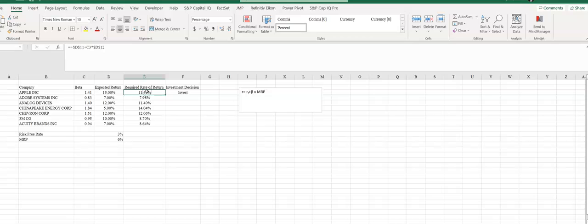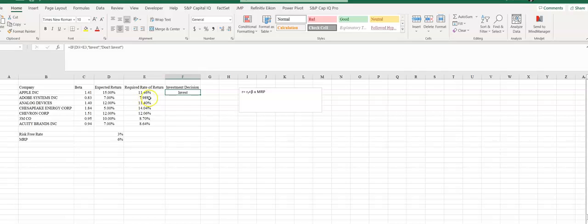As you see, I did it only once, and I could easily copy these through to calculate all other required rate of returns, and I created the test in here, or investment decision check. So let's look at, for instance, this second case where the expected return on Adobe Systems is 7%, but the required rate of return is 7.98%.